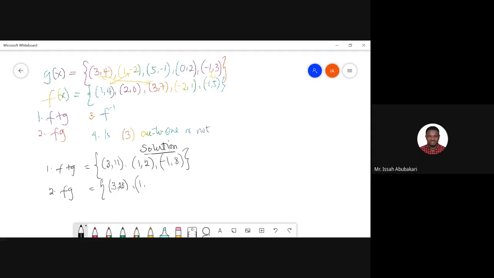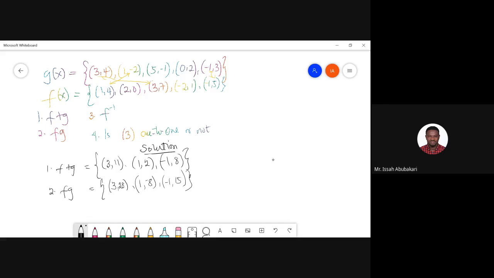And then -2 times 4. -2 times 4 will give us -8. And the last one is -1. And then we are going to have 3 times 5, which is what? 15. So these are the solutions for the second question. Now let's move on to the next question.